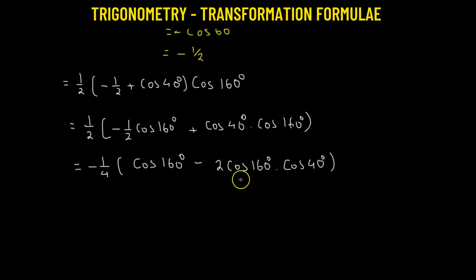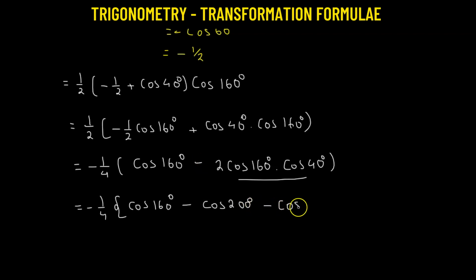Now we can again apply the transformation formula. So we now get negative 1 over 4 times cosine of 160 degrees minus, we have cosine of A plus B, so that's going to be 200 degrees. Then we have positive cosine of A minus B, but since we are multiplying with a negative, we get negative of cosine 160 minus 40, so that's going to be 120 degrees.